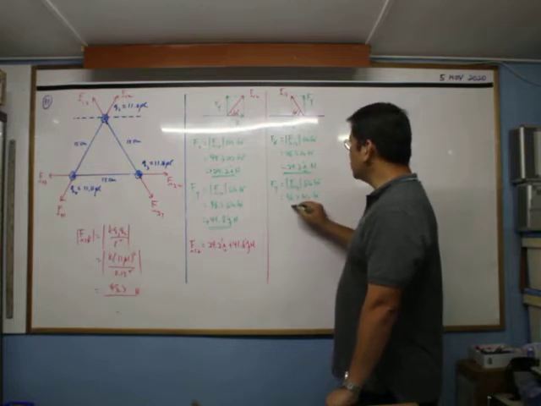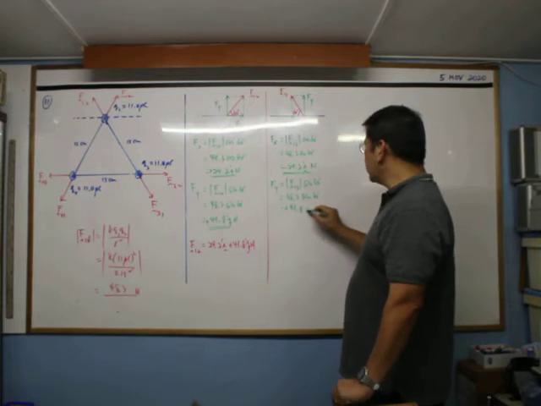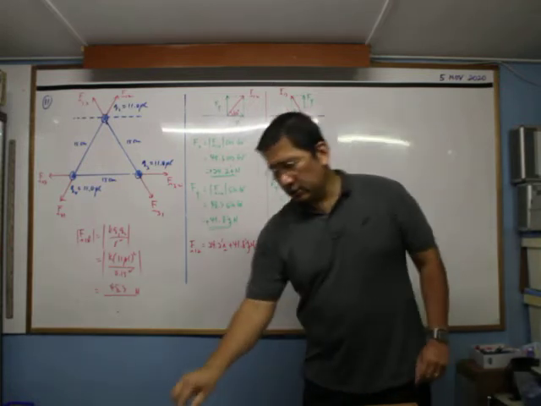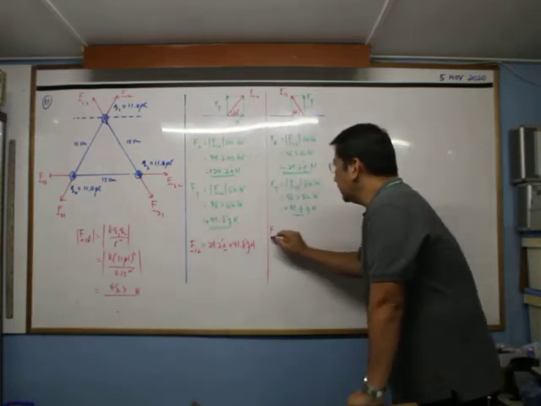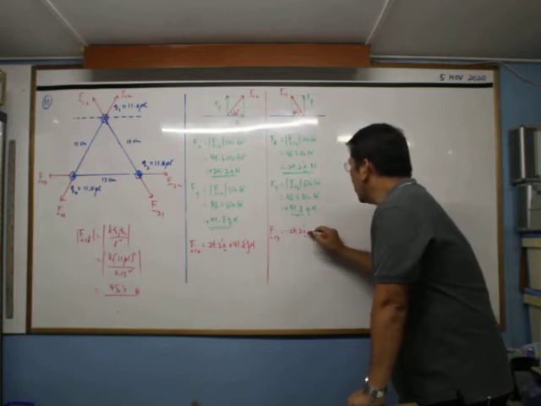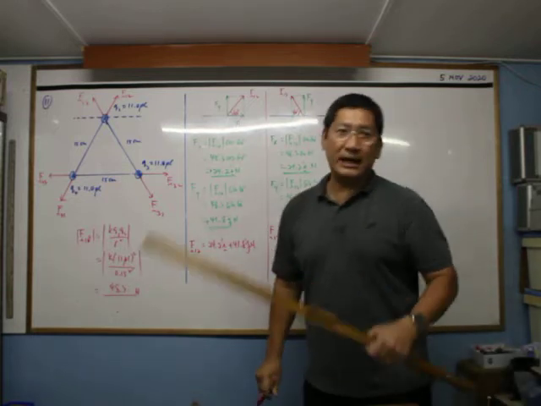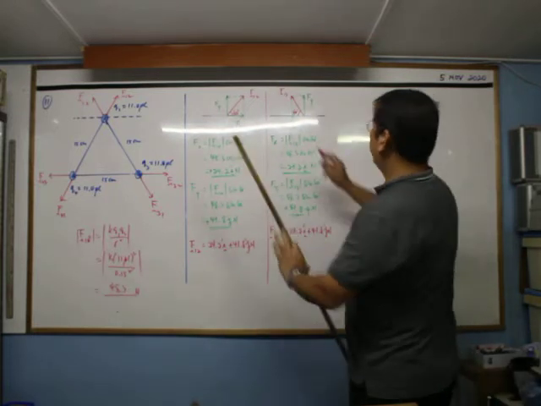So this one is also 41.8, but also pointing up, so positive J Newton. So our F13 is negative 24.2 I plus 41.8 J Newton. That is our component for F13.